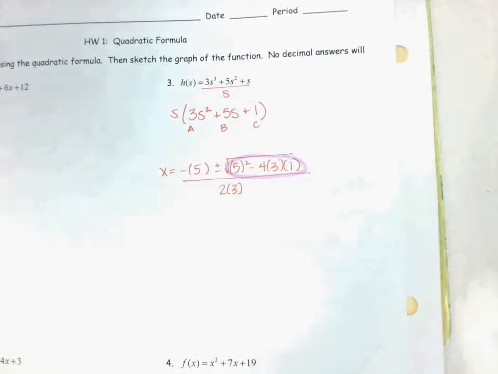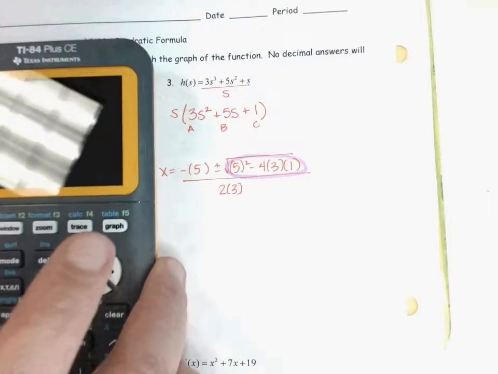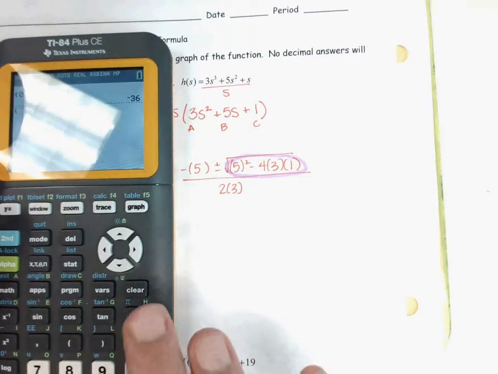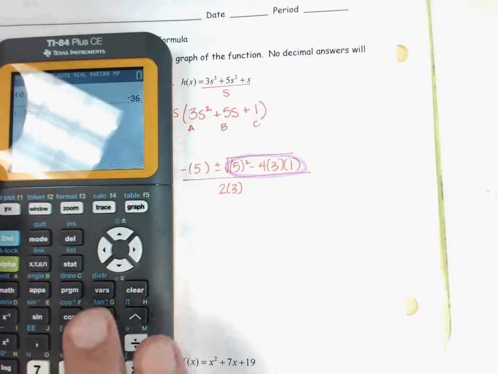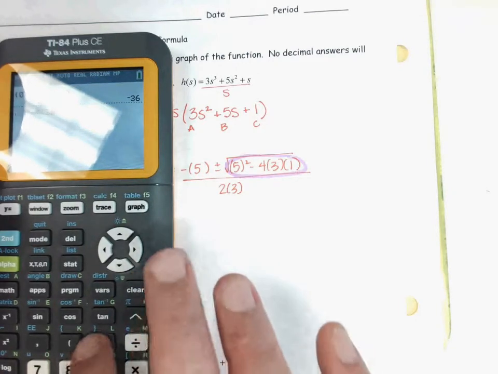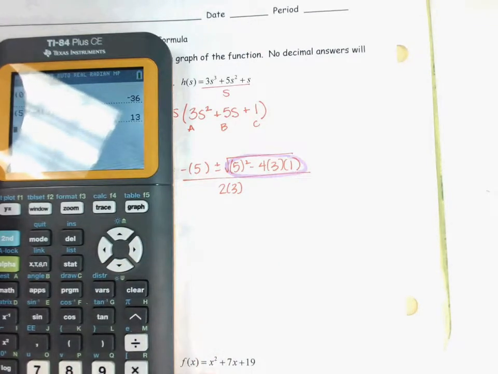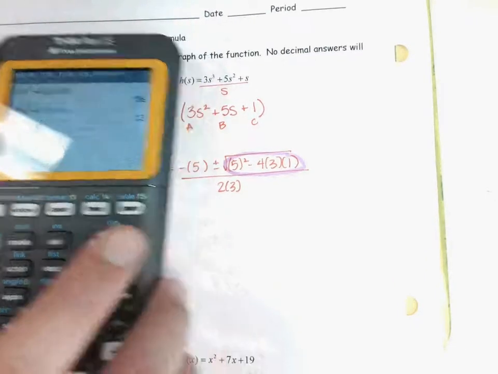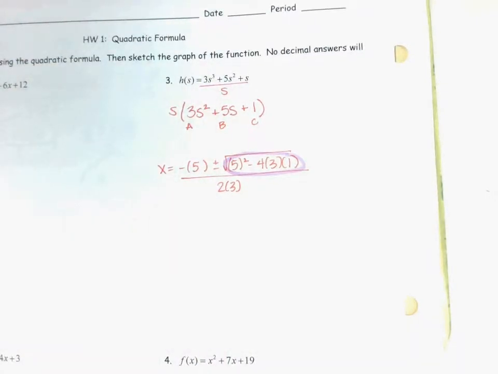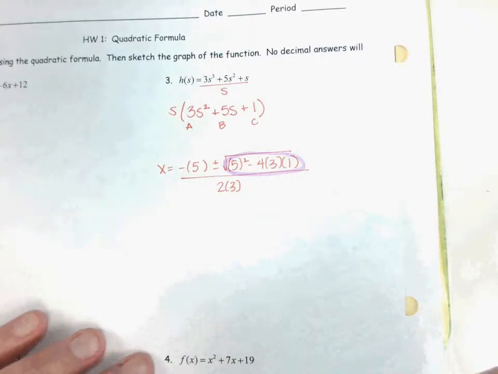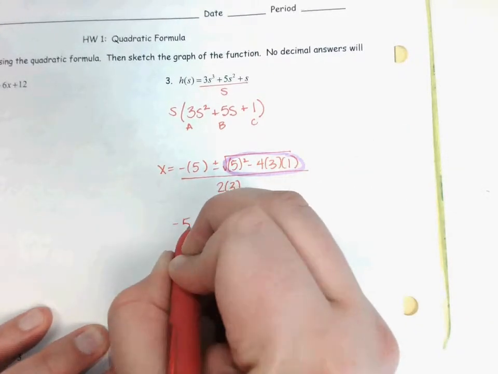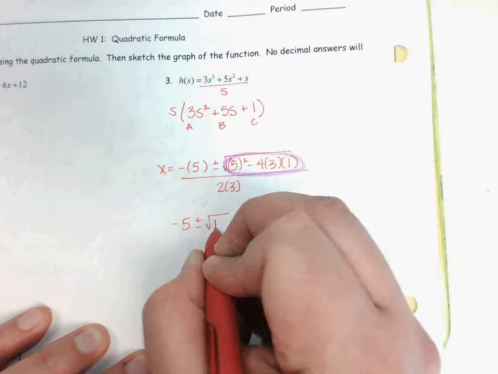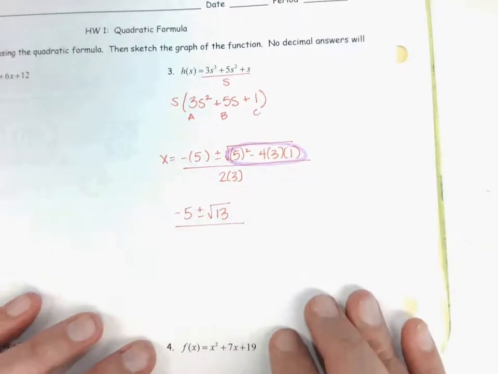No, because if it comes out negative, your calculator's going to tell you there's an error. Okay, so just type in that one part. So it's going to be 5 squared in parentheses minus 4 times 3 times 1. So it'll be 5 squared? 13. Yeah, I got 13. Okay, and it's 5 because of the b squared in the formula. So I have x equals negative 5 plus or minus root 13. And then on the bottom, what's 2 times 3?